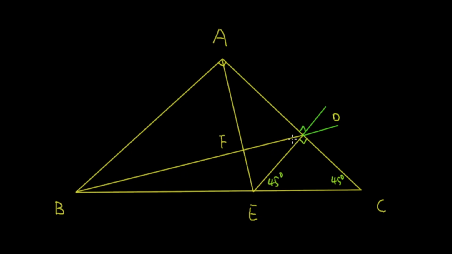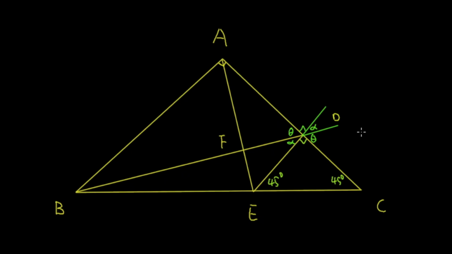If we call this angle, let's say angle theta, that means this is also angle theta. And if we call this angle here angle alpha, then this angle here is also angle alpha, right? Yeah, because these two lines are perpendicular to each other.